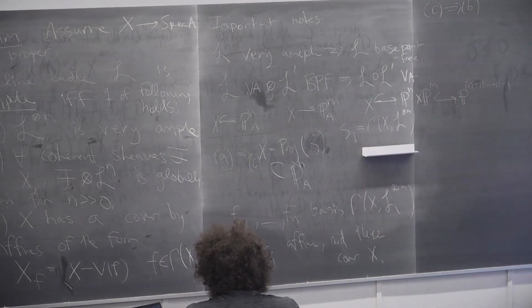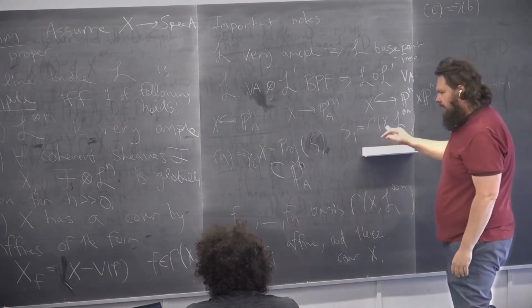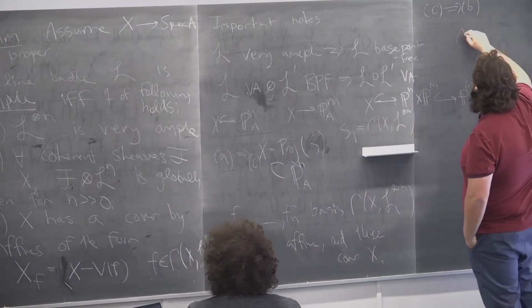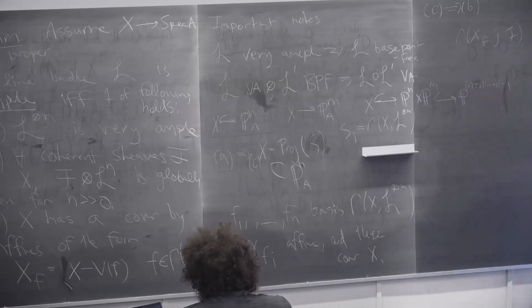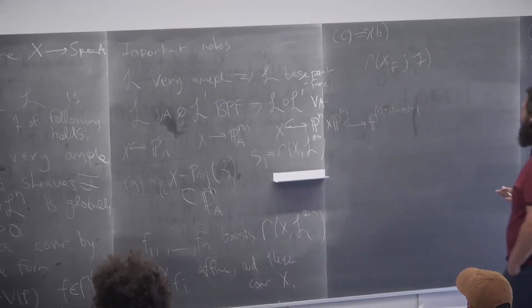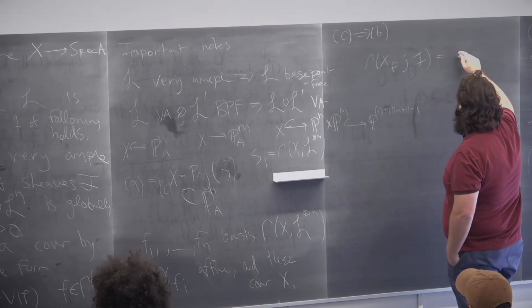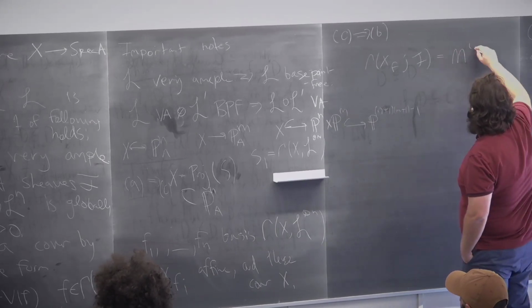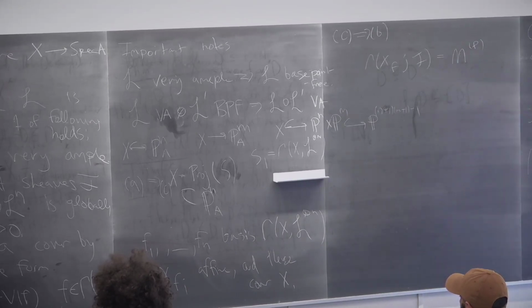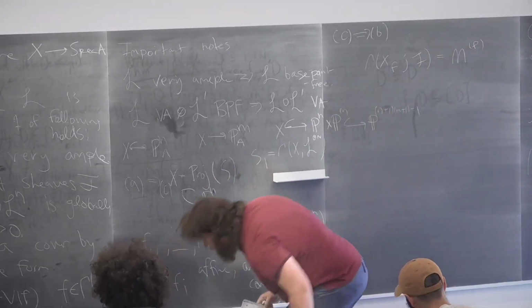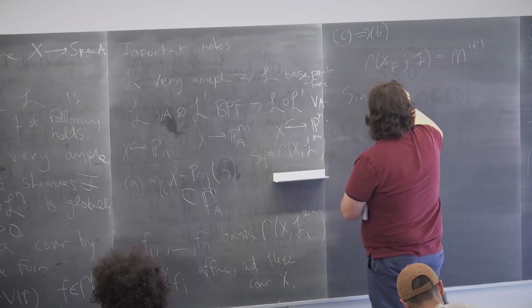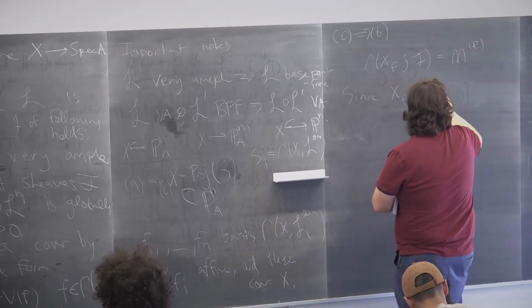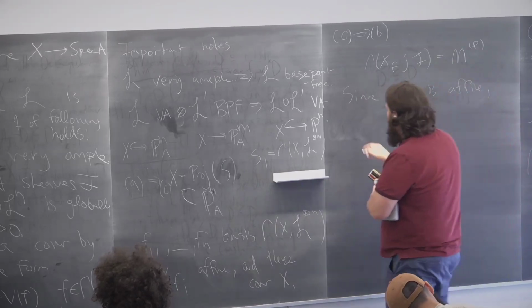Why does C imply B? So if I look at the sections of F on this affine open cover, then that gives me some module M of F. Since X_f is affine, it's globally generated.